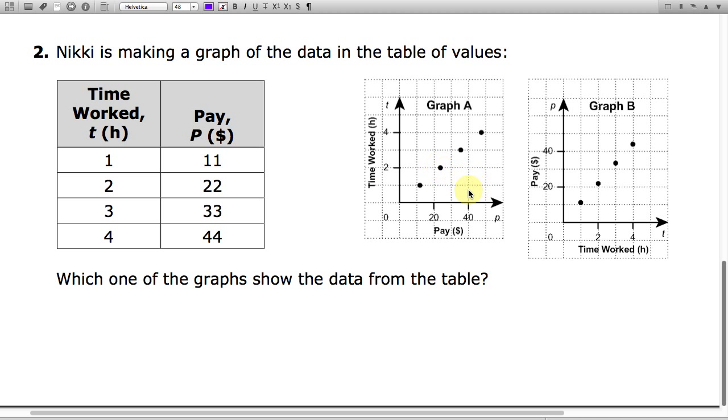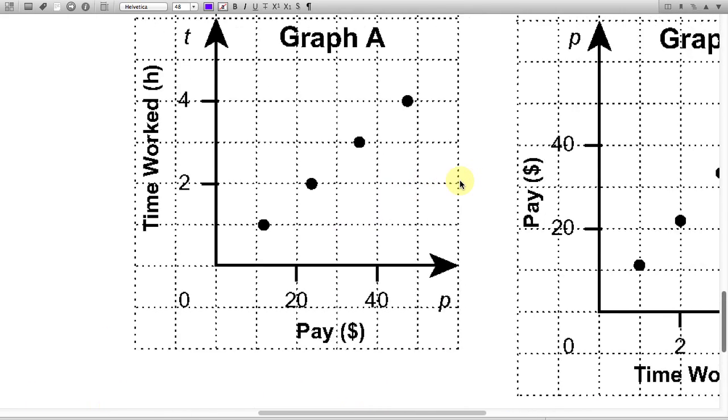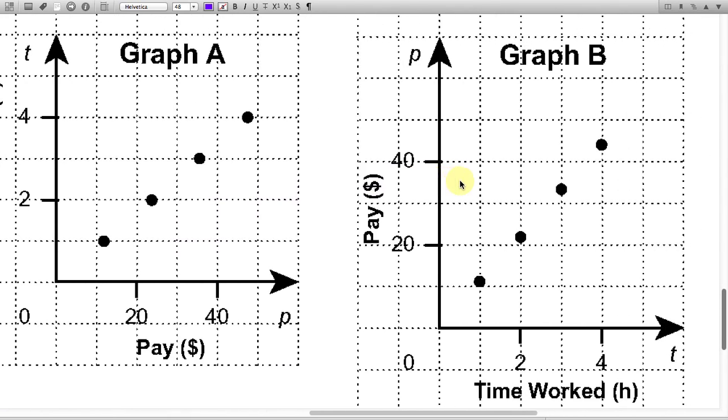So, well, we might want to just zoom in on these two graphs and have a closer look. So let's do that. I'll have a real close look at these two graphs. Here's what I can do. I'm just going to label my points here. This first point looks like it's at 11 and 1.